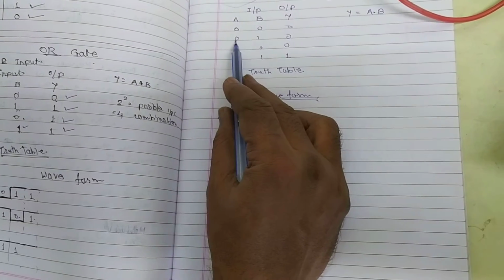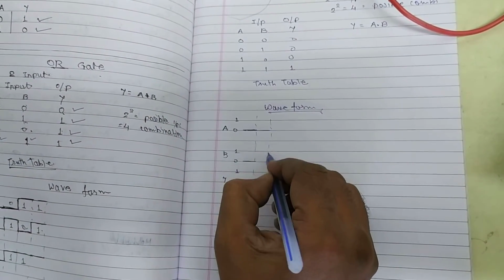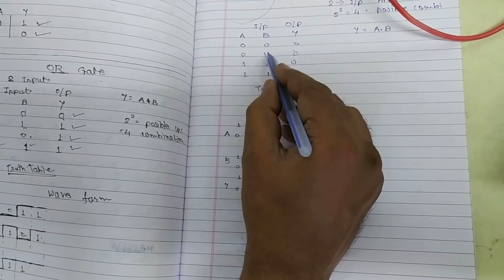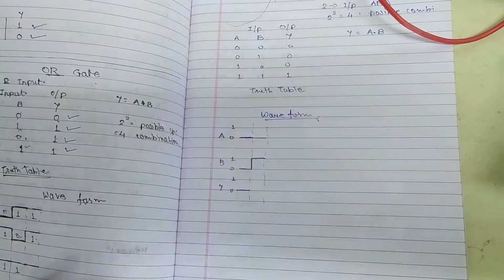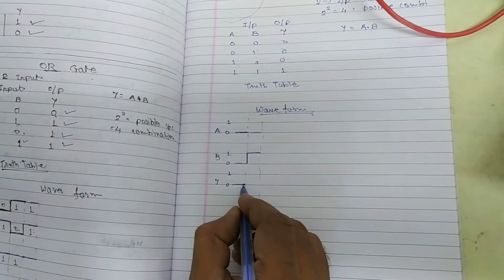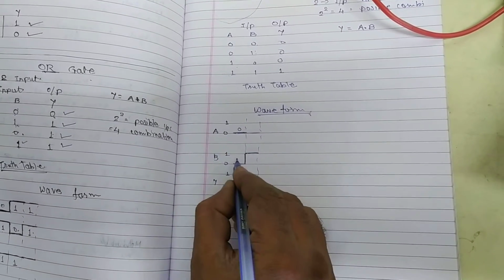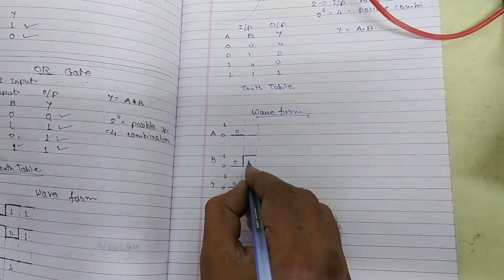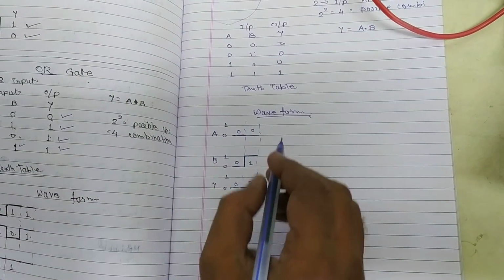Next A is 0, A remains 0 up to the next clock signal, but B is converting from 0 to 1. Fine, but at the same instant you will get output equal to 0. So there it will remain 0. This is 1, 0, again you will get 0.